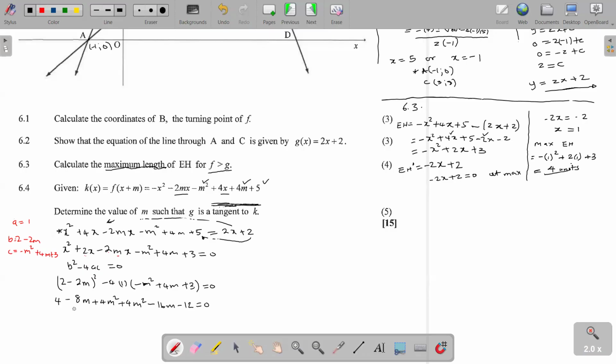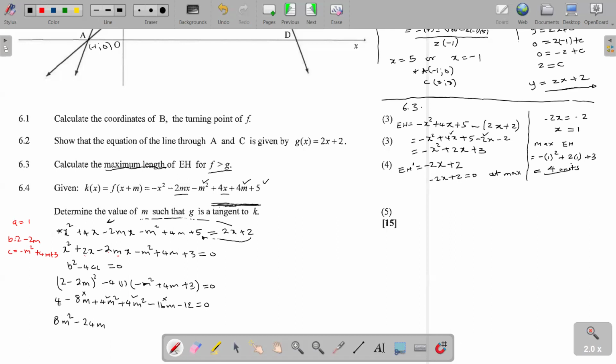If we simplify, let's write this in standard form. This one and this one are like terms. They are going to give us 4 plus 4, they are going to give us 8m squared. Then we are going to have minus 8m, this one, minus 16m is going to give us minus 24m.